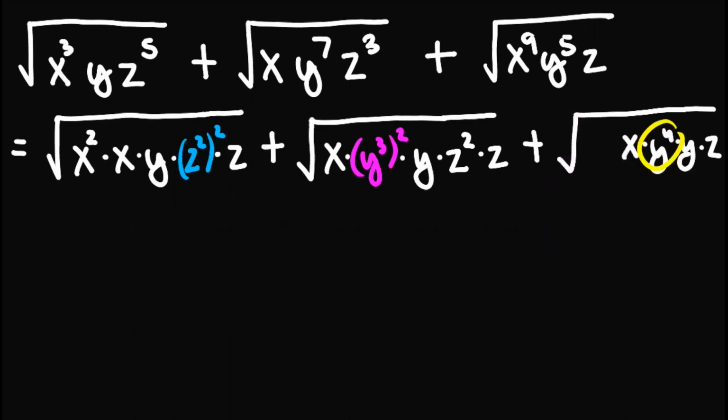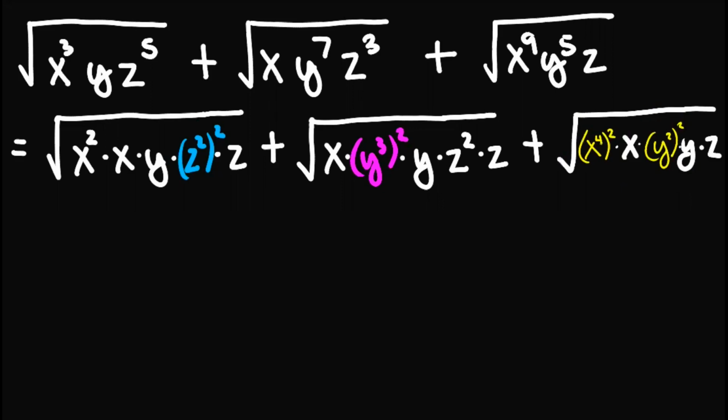So this one, let's use a smaller pen to be able to write it. This one is equal to x raised to 4 squared. And the one out here is equal to y squared squared.